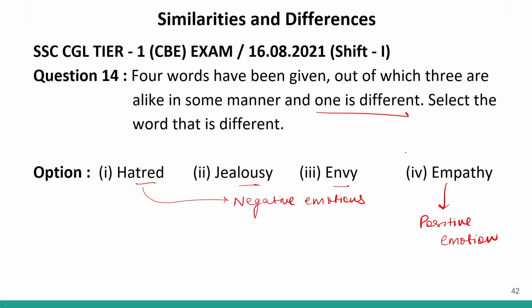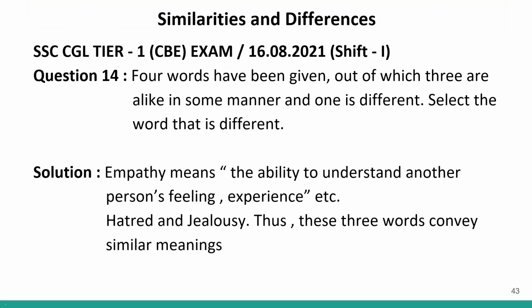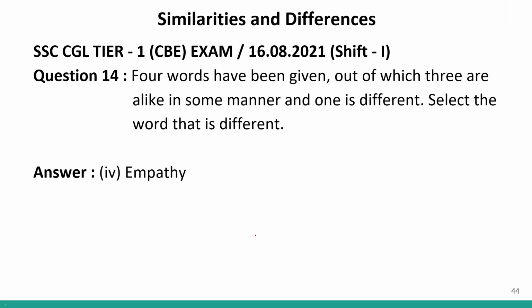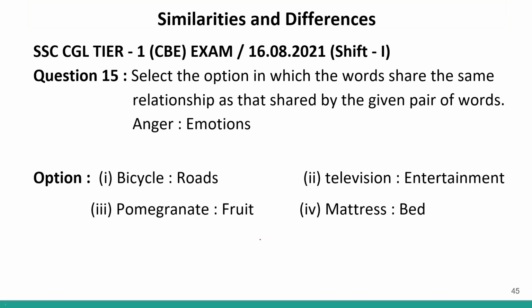Hence, the word that is different will be 4, that is empathy. Empathy means the ability to understand another person's feeling or experience. But the other words, hatred, jealousy, and envy, were different in meaning. So the answer will be option number 4, empathy.